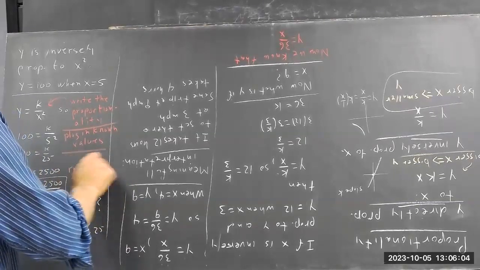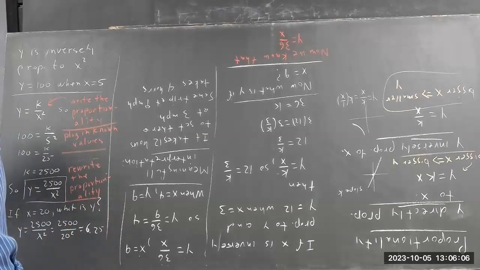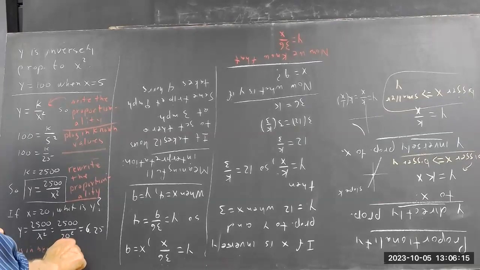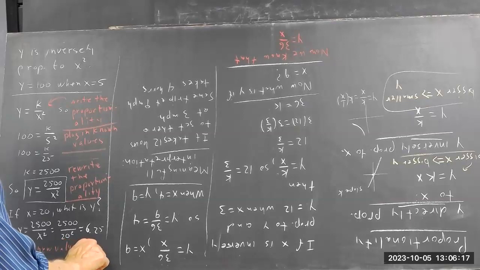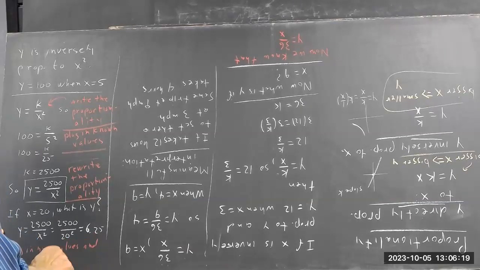You rewrite the proportionality, and then you plug in new values and solve.